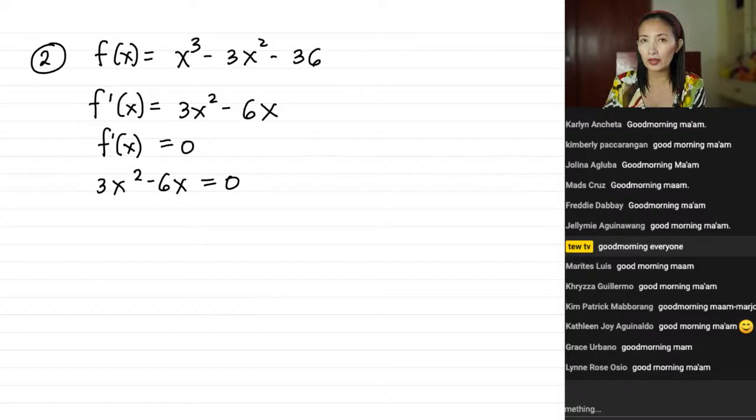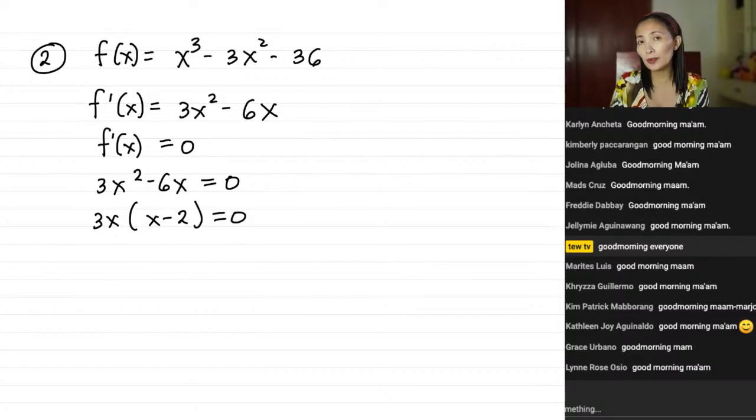So how shall we solve for x here? This is a quadratic equation, and it could be factored. Take note that this is factorable, and there is a common monomial factor, which is 3x. So let's factor it out as 3x times (x minus 2) equals 0.